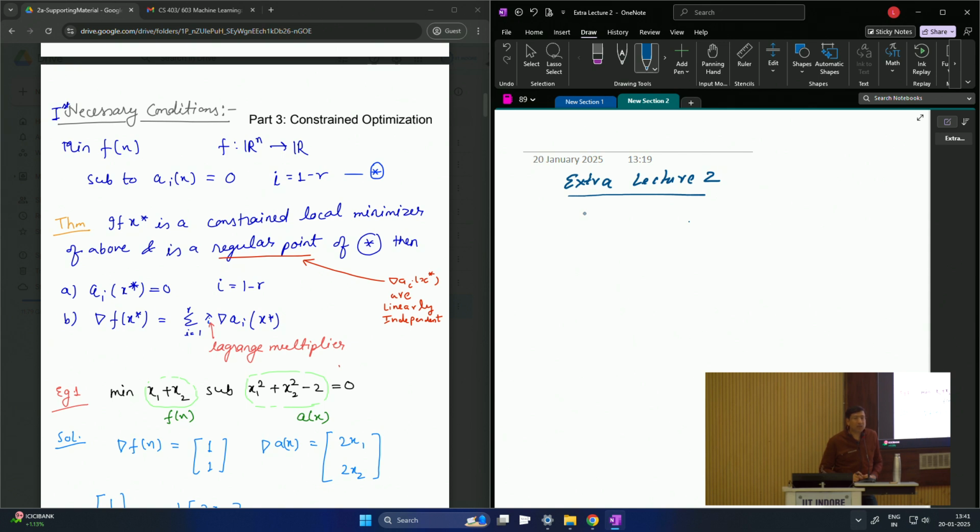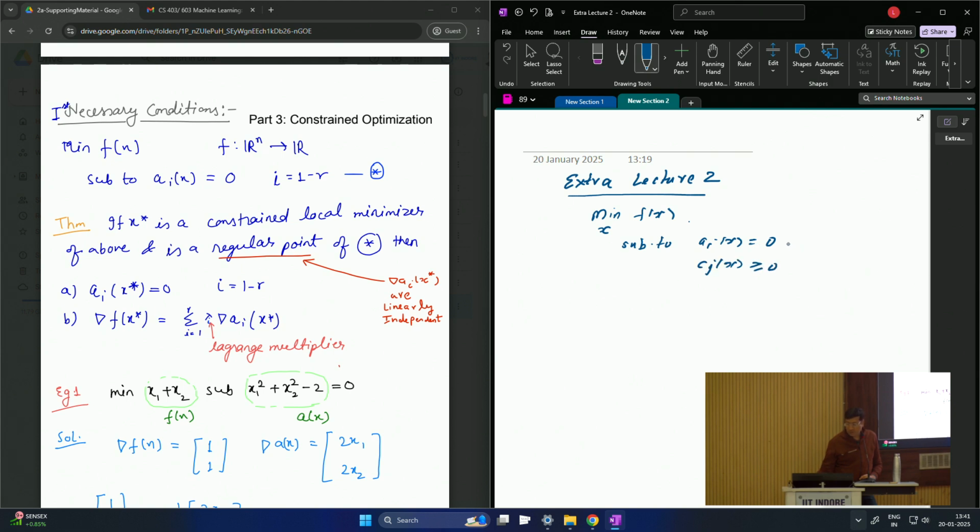What could be the other constraints? It could be greater than or equal to. So the most general form is minimize f of x with respect to x subject to a_i of x equal to 0 and c_j of x greater than or equal to 0.